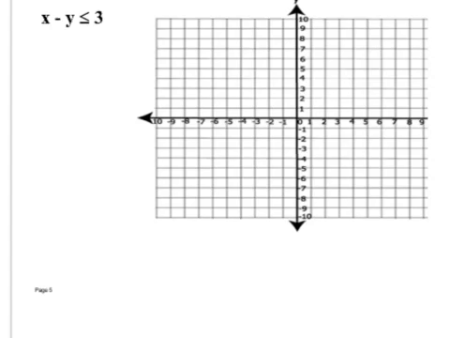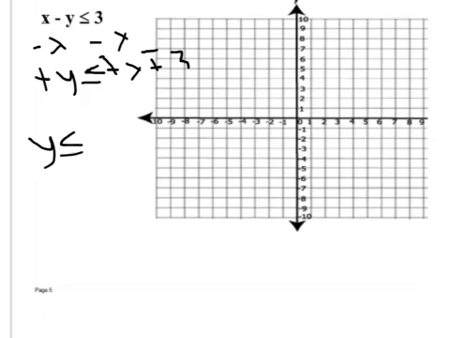First thing here is I subtract x. Make x all positive. So negative y is less than or equal to negative x plus 3. Change all the signs. So y is less than or equal to x minus 3. Alright, easy to graph. We go to negative 3 on the y-axis.